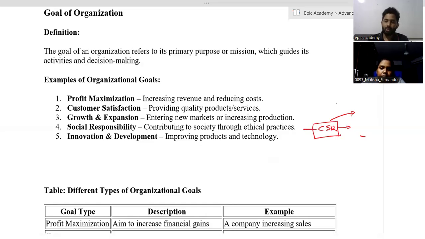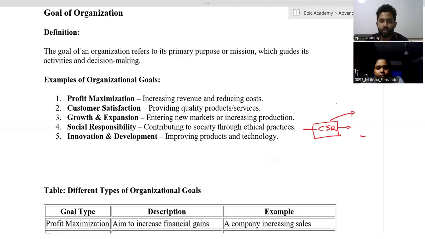By doing something for social responsibility, they try to increase their market value, goodwill, satisfaction, and their strong name in front of the rural community. So it provides different types of advantages to the company also. Yes, it is a secondary option, but they have a responsibility to provide something to the society.